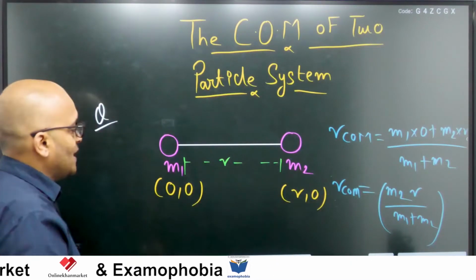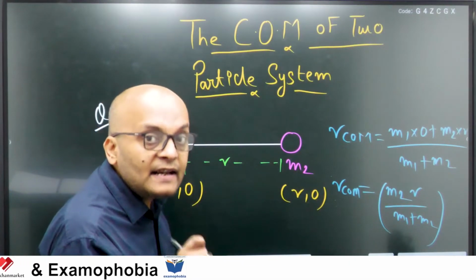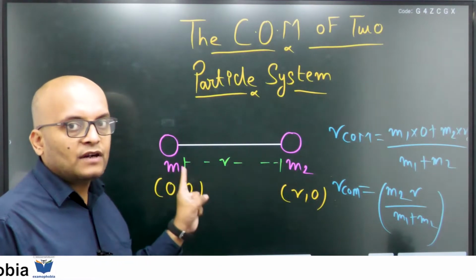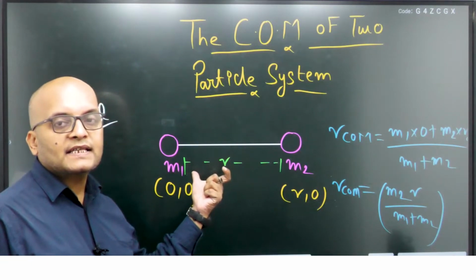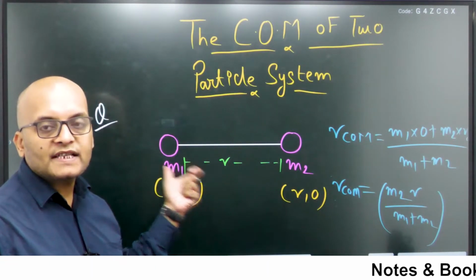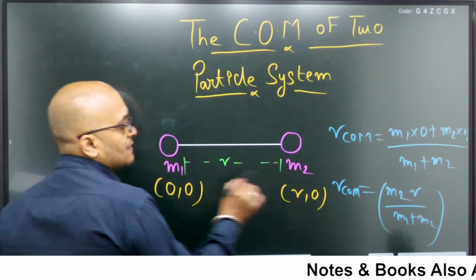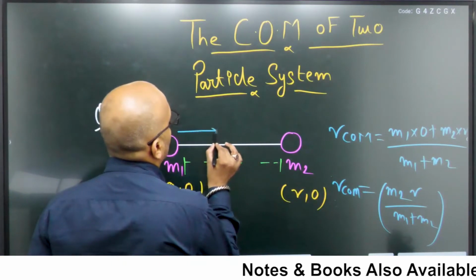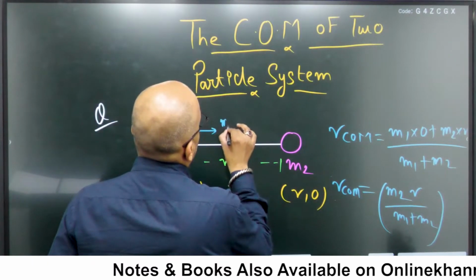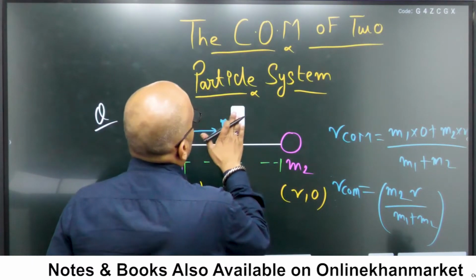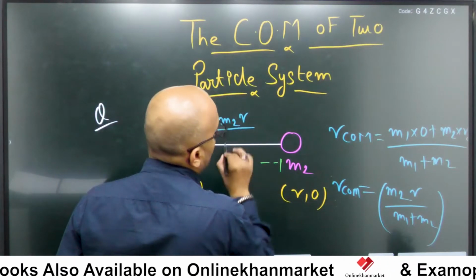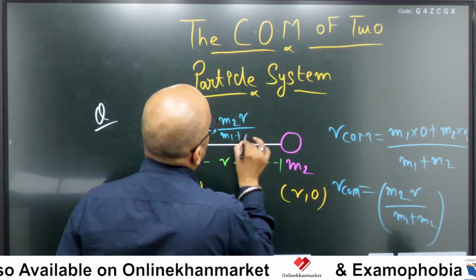So, my dear students, I can say that in reference to mass m1, the center of mass of this system lies at a distance from m1, or the coordinate of the center of mass with reference to m1, whatever you like to call it, is m2r upon m1 plus m2.